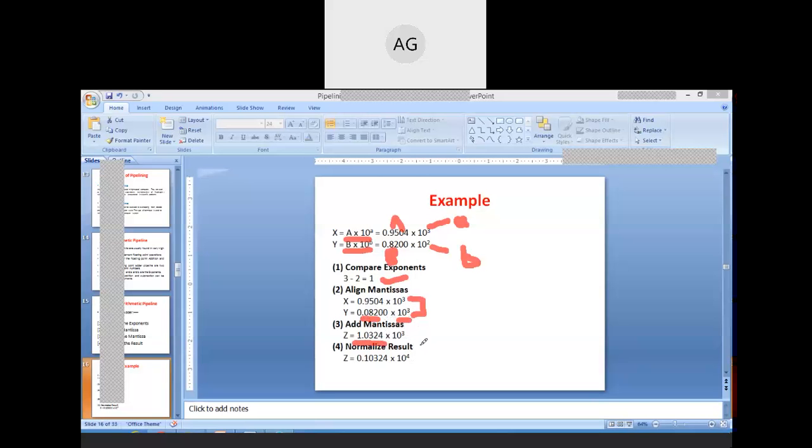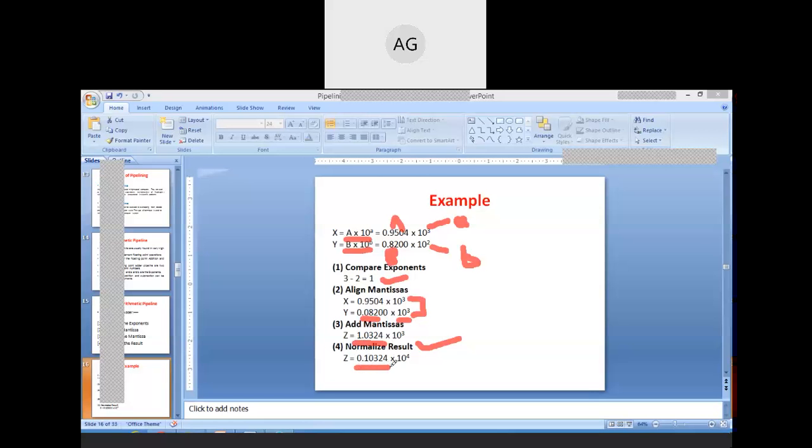And lastly, we need to normalize the result. In the case of a normalized result, you can see that the non-zero value comes before the decimal here, but in a normalized result this non-zero value should come after the decimal.